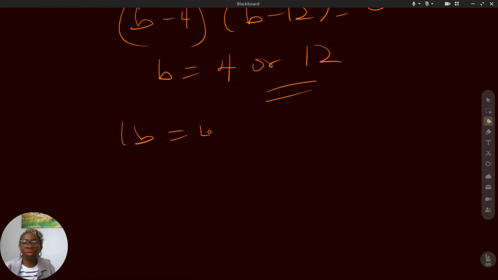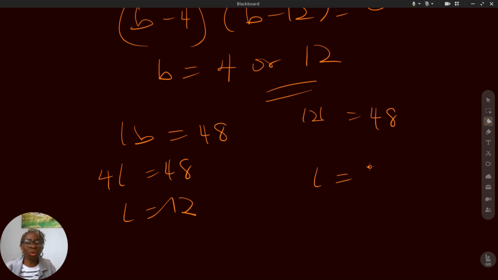So LB equals 48. When b is 4, 4L equals 48, so L will be equal to 12. And when b is 12, 12L equals 48. L will be equal to what? L will be equal to 4.